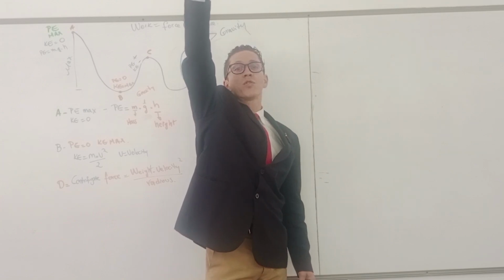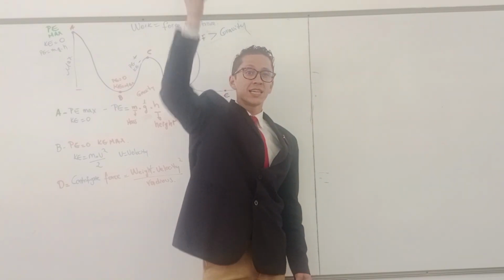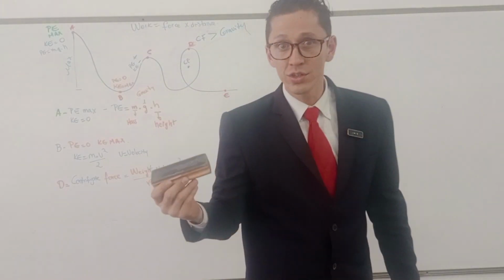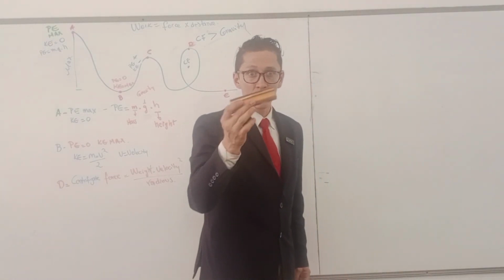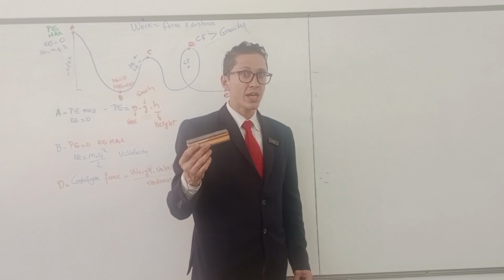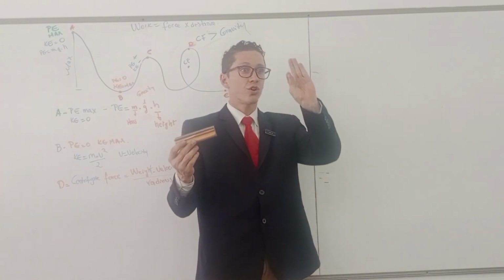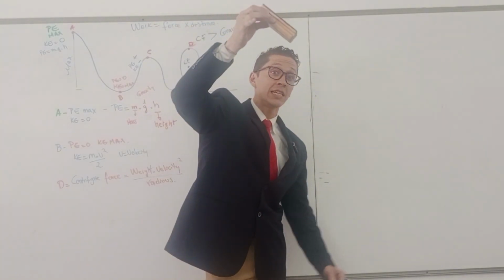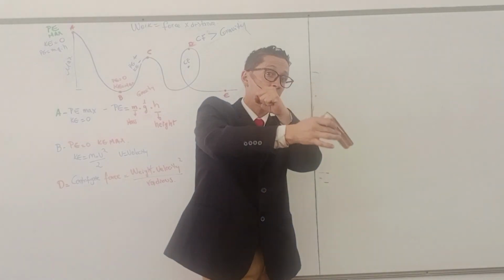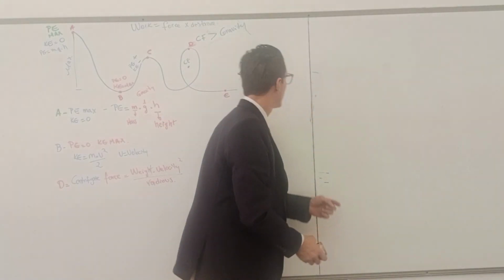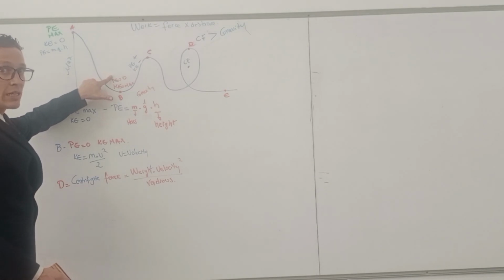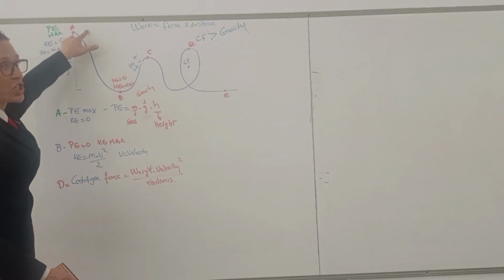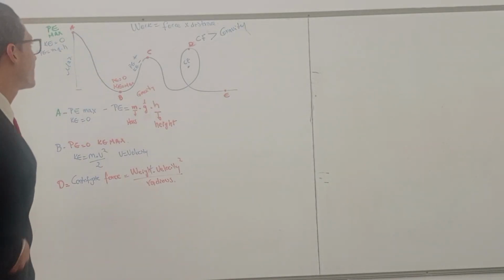Now it has converted this work into potential energy, right? And now when it's falling, the kinetic energy is increasing. At this point, the kinetic energy is increasing, but the potential energy is decreasing, right?